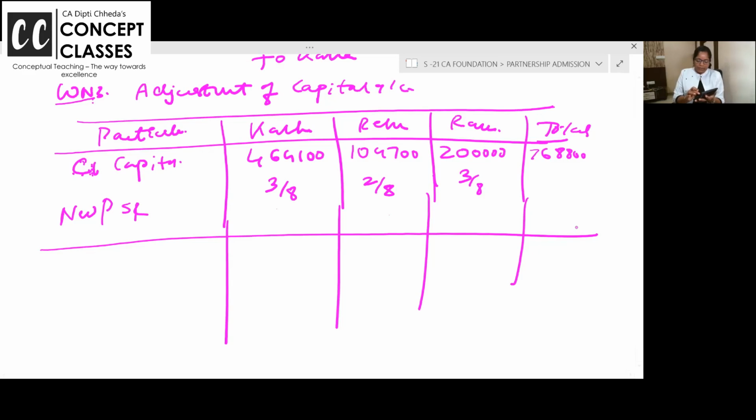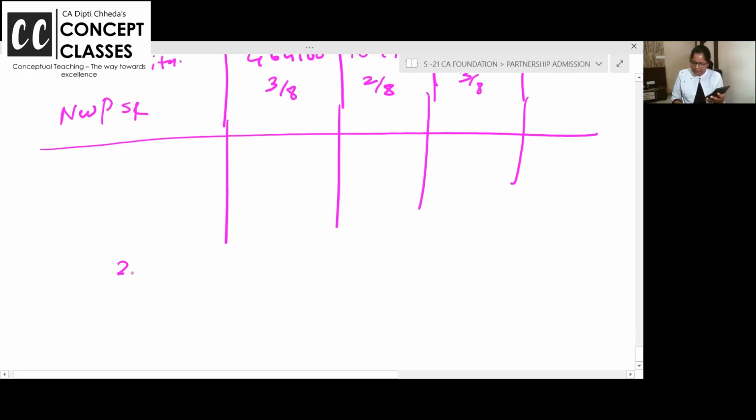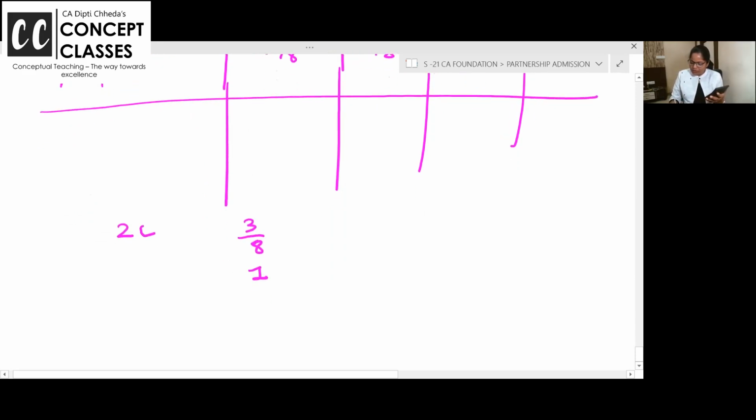2 lakh into 8 by 3. What is the total capital coming to? I mean, say I'm writing here. 2 lakhs is 3 by 8. 1 is how much? So, question mark. I always write it down so there is no mistake, orally mistakes do happen. 2 lakh is 3 by 8.